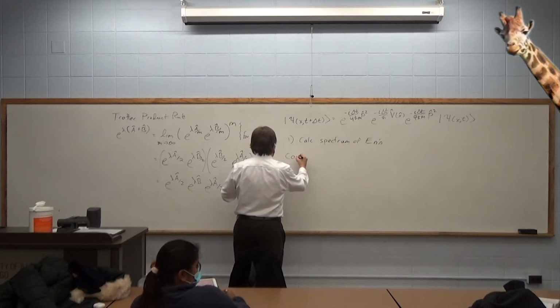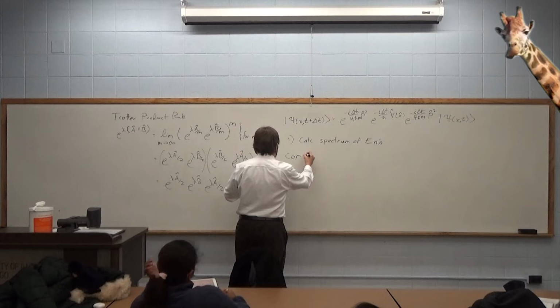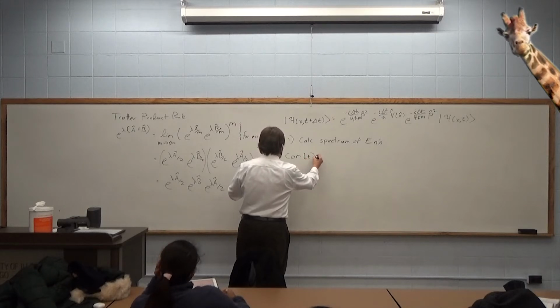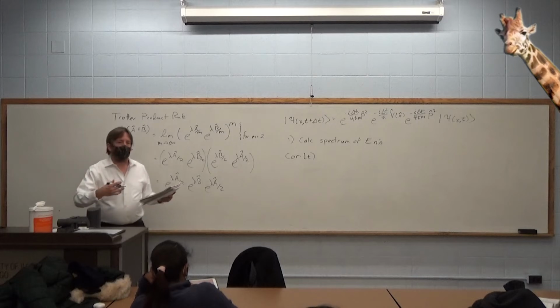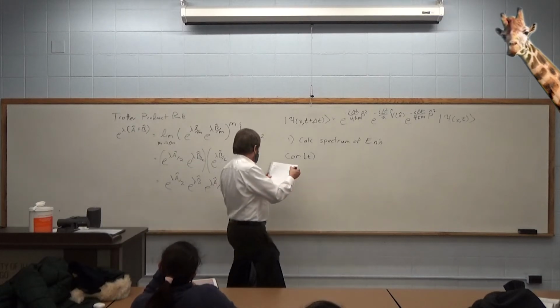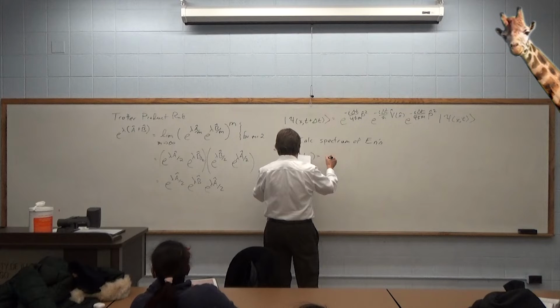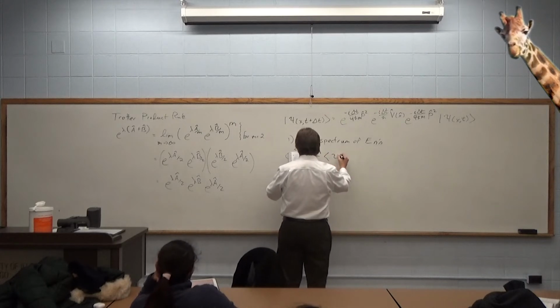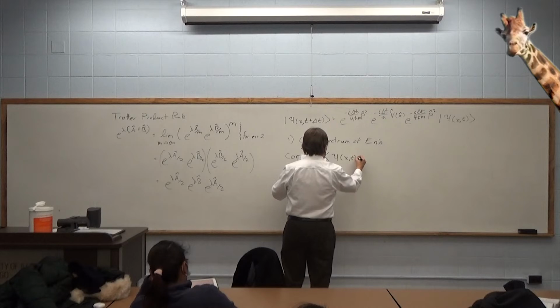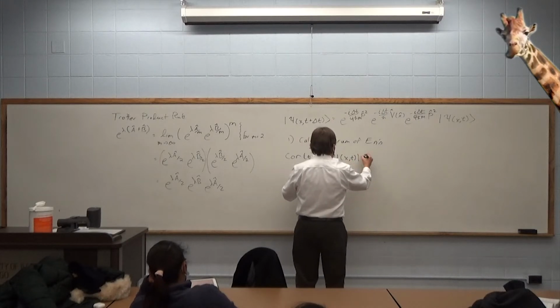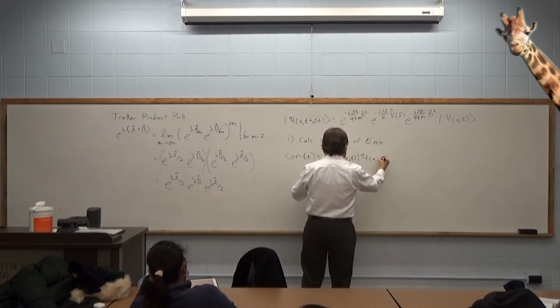I call it core in the program, for correlation. And you're going to Fourier transform core. Correlation is a signal. The signal is the overlap over time of this state with the initial state.